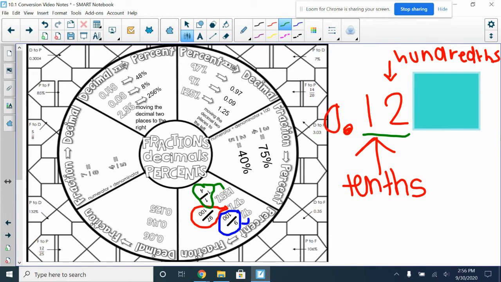So I have 12/100ths. So I put 12 over 100. I read it. I wrote it 12 over that 100ths, and I can pull 2 out of both of them, so 6 over 50. I should have done 4 because I can pull 2 out again. And I have 3 over 25. I read it, I wrote it, I reduced it.